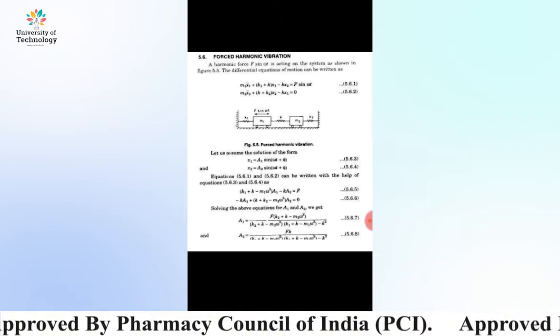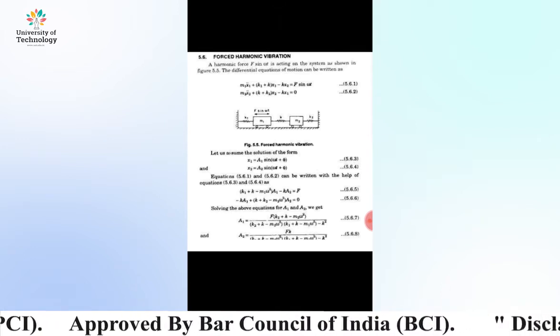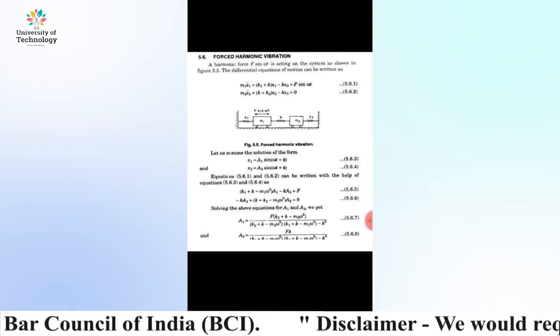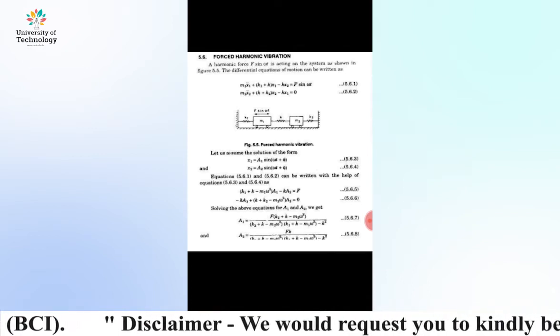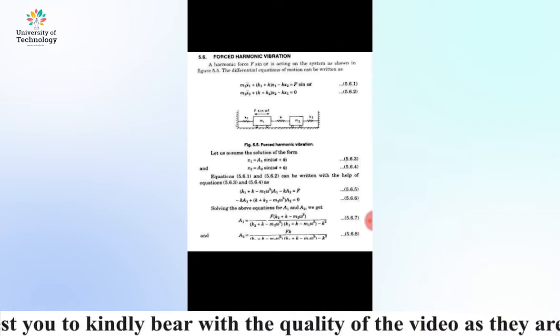Let us assume the solution is of this form: x1 is equal to a1 sin (omega t plus phi), and x2 is equal to a2 sin (omega t plus phi).